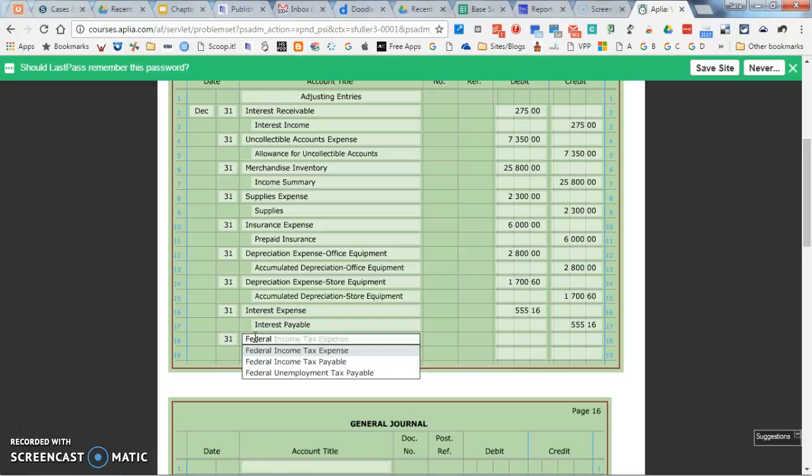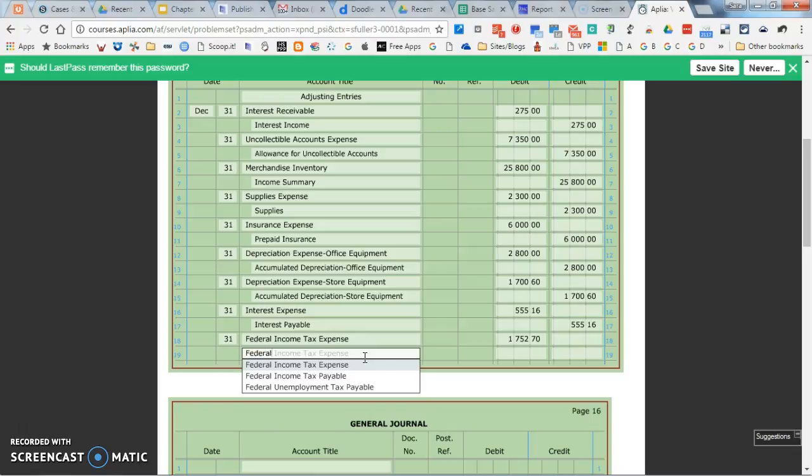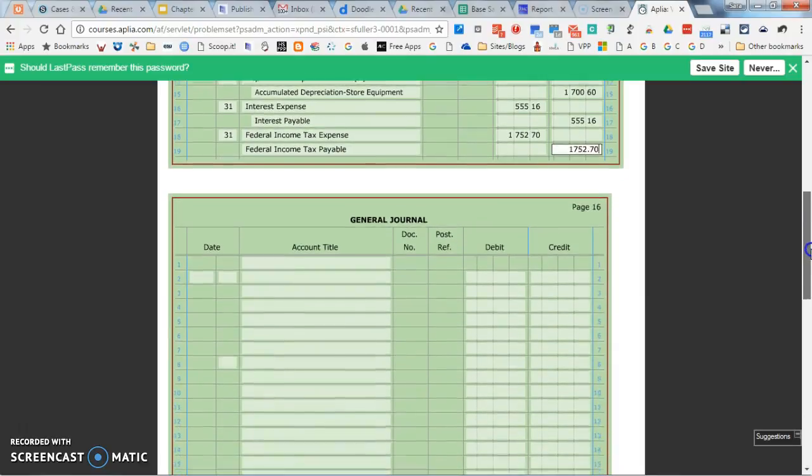Federal income tax, $1,752.70. And the credit is federal income tax payable. Credit $1,752.70. Okay, so that was our adjusting entries.